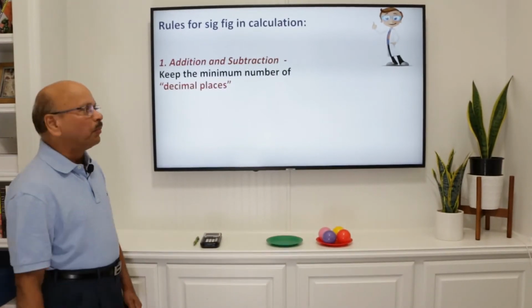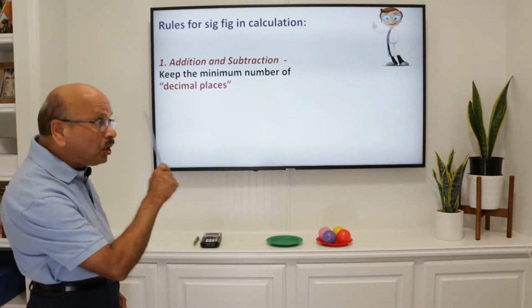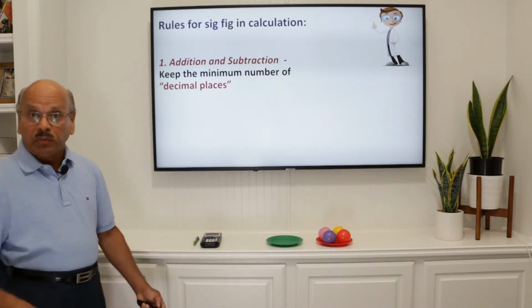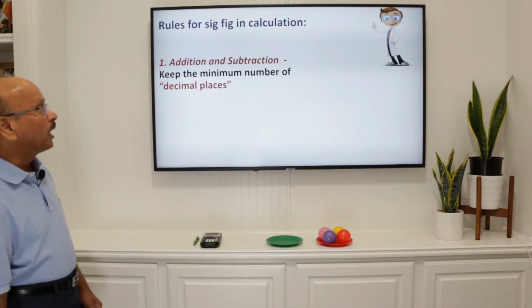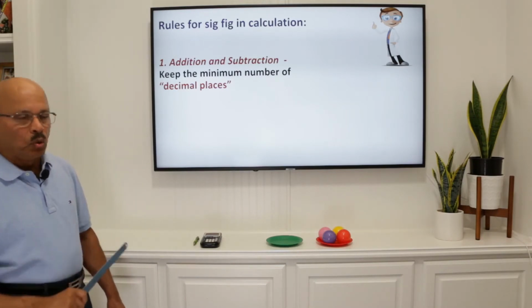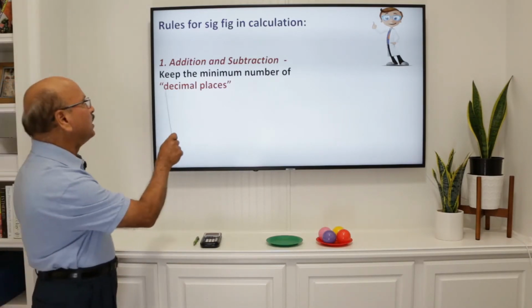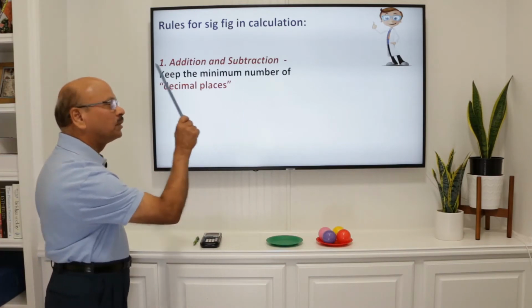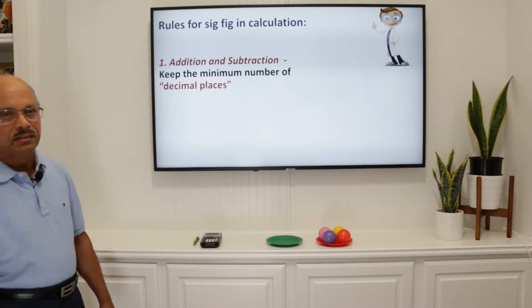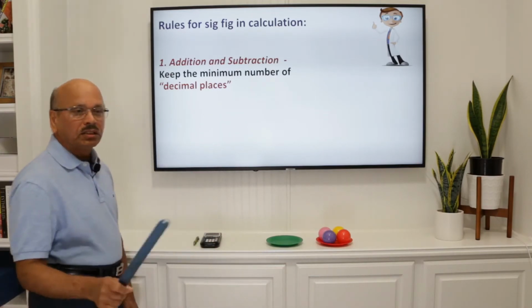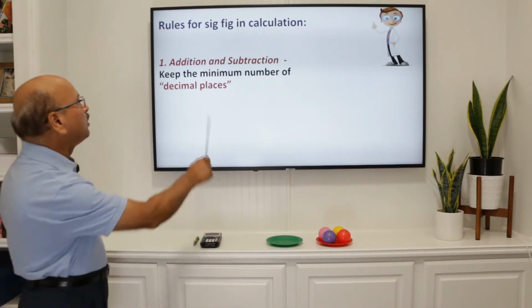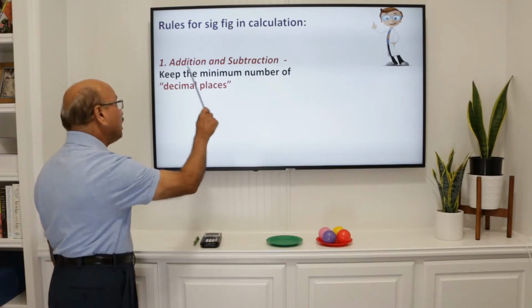That depends upon the significant figures in the measurements we are using for multiplication, division, addition or subtraction. So let's think about some simple rules for that. The first thing is, when you do addition and subtraction, we keep the minimum number of decimal places.